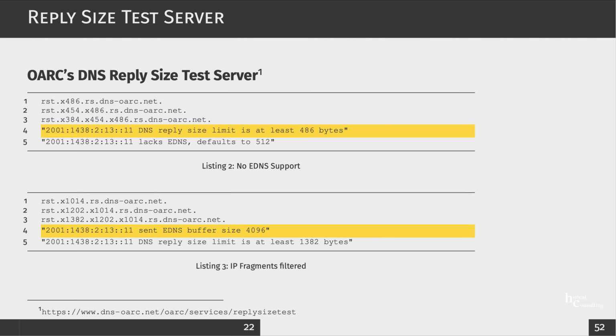And the example in listing number 3 gives the indication that the packet itself has been fragmented, and these fragments were filtered. So this environment is not supporting EDNS as well. And you should actually try to test this in your infrastructure just to ensure that your DNS systems are future-proof.